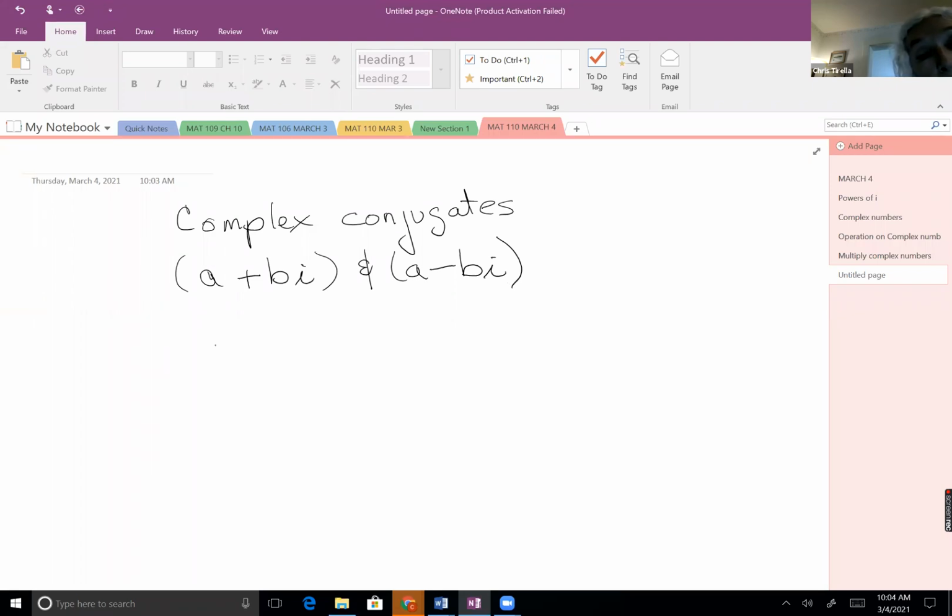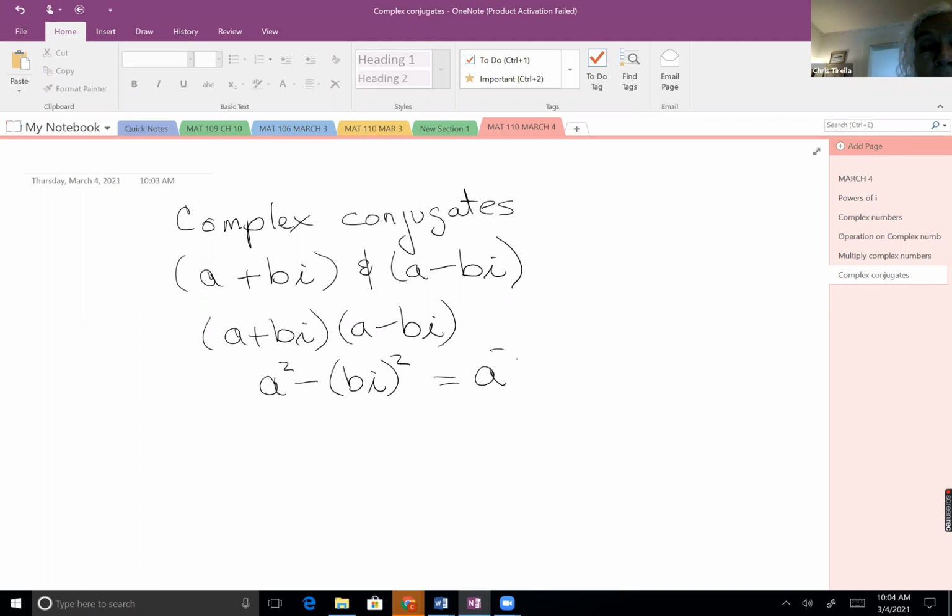And when I multiply them, a plus bi times a minus bi, because it's the sum and difference, that will always give me a squared minus bi quantity squared, which will always be a squared minus b squared i squared, which will always be a squared plus b squared.